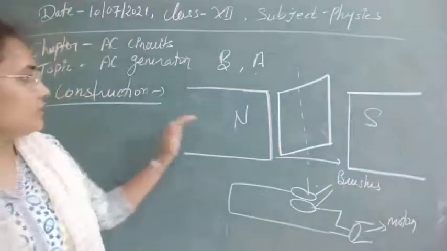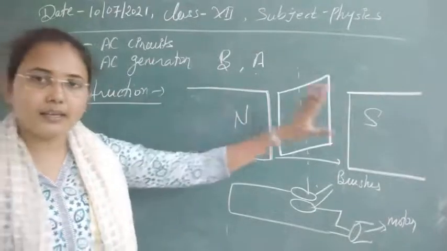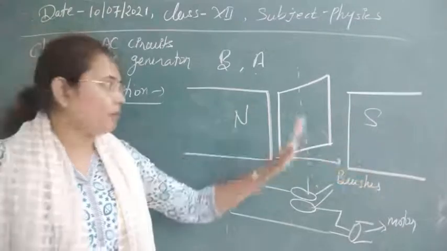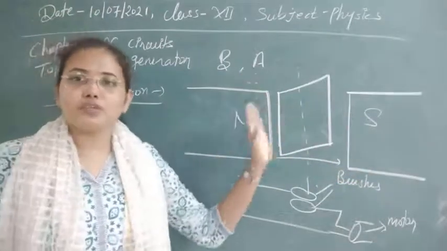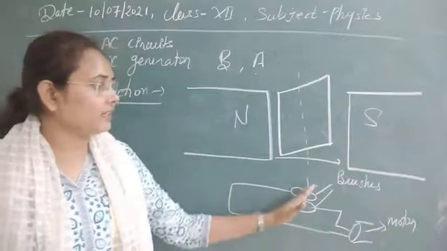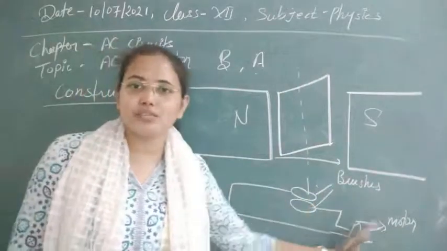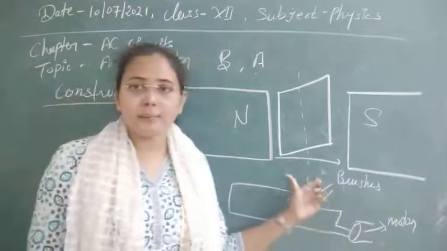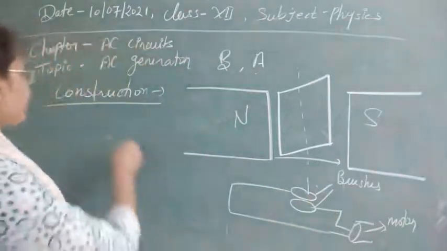For the construction, we are using two pole pieces, and a coil that is free to rotate. Second, we are connecting this coil to brushes, and the brushes are connected to the motor. Then the working of these components, let's see after the construction.